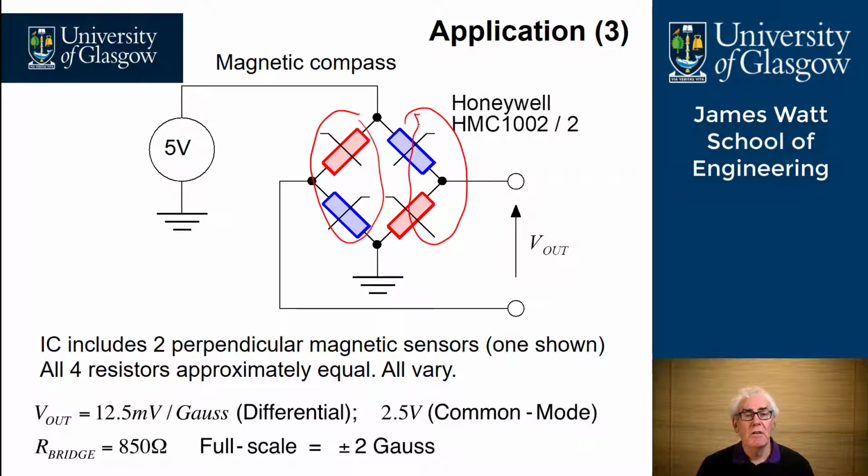The specification we've got is the output voltage gives 12.5 millivolts output for every Gauss of magnetic flux. And the common mode voltage, because we're supplying it with 5 volts, will be 2.5 volts. In this example, the bridge resistance, in other words, there's 4 per bridge, is 850 ohms, and the full scale magnetic flux across the unit will be plus or minus 2 Gauss.